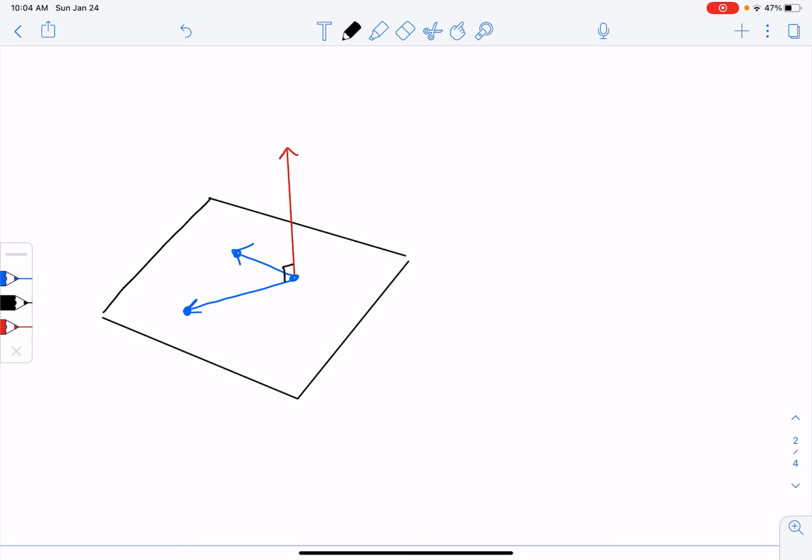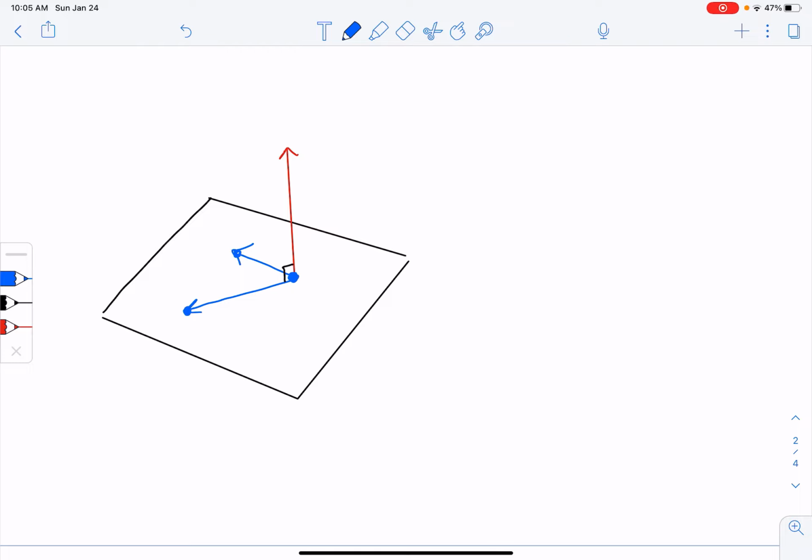So a natural way for us to define a plane is to take a single point and a vector that is perpendicular to the entire plane. If we have those 2 pieces, then we can define a plane, the set of all points that is perpendicular to that single vector, but also contains a specific point.